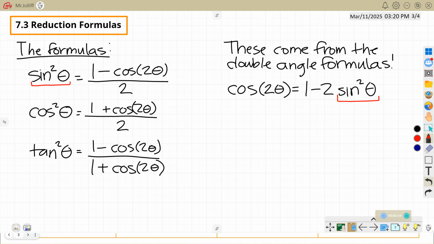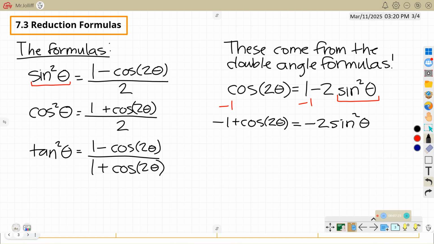I want to get rid of the stuff over here. How do I do it? Reverse PEMDAS, guys. Start with the addition, subtraction. So let's just subtract 1 from both sides. That's perfect. Minus 1 plus cos 2 theta equals minus 2 sine squared theta.